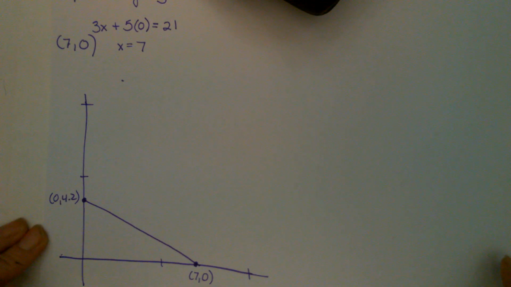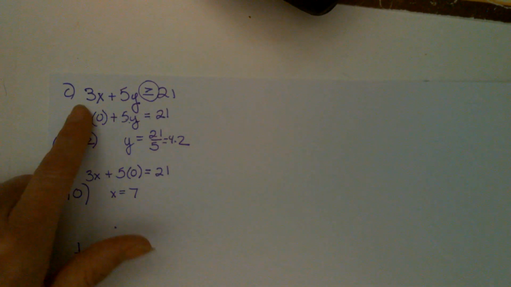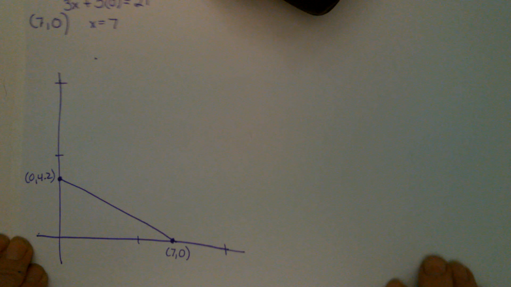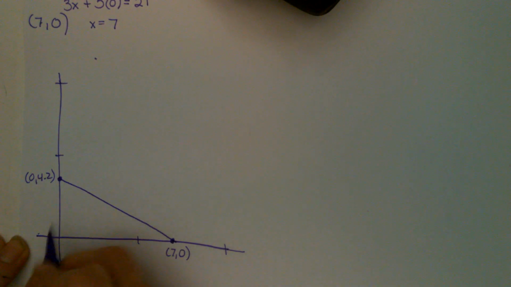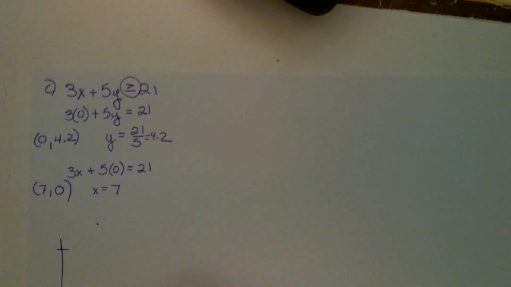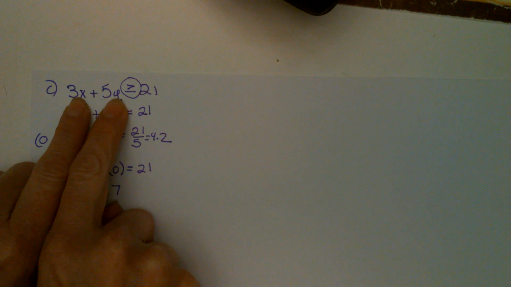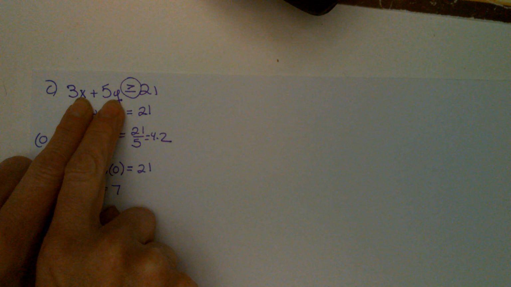Now remember, since this is an inequality, I need to figure out which side of this line is included in the inequality. The way I do that is I use a test point, and I've been using (0, 0) as my test point for all of these. If I go back to this original inequality and make x 0 and y 0, I end up with 3 times 0 is 0 and 5 times 0 is 0.